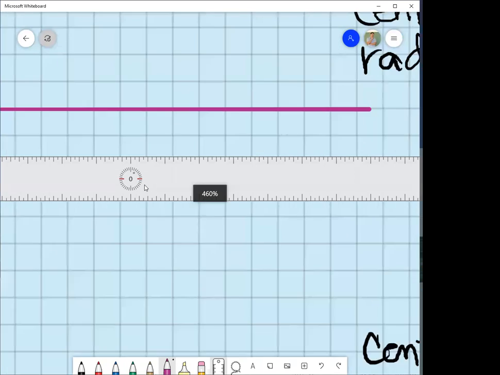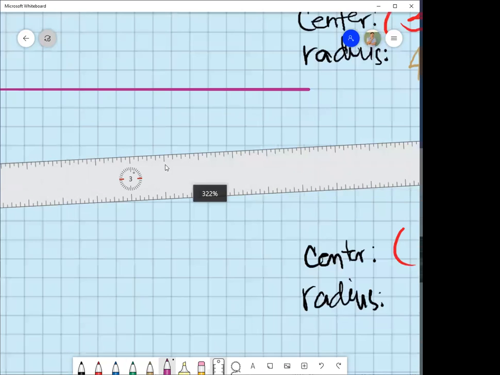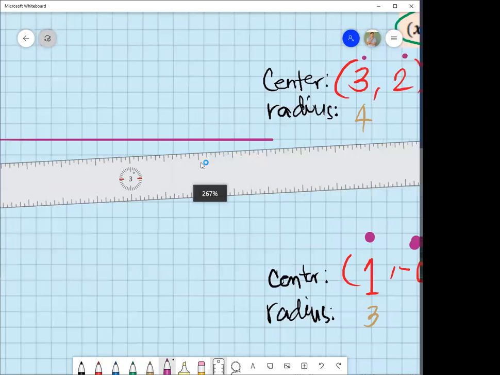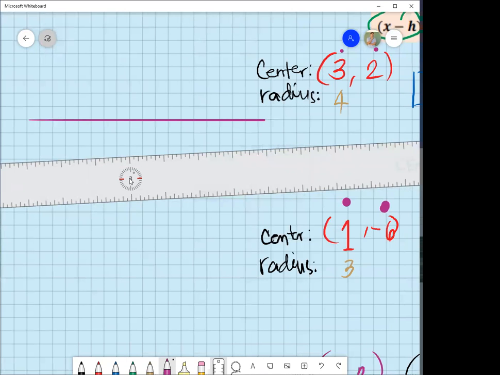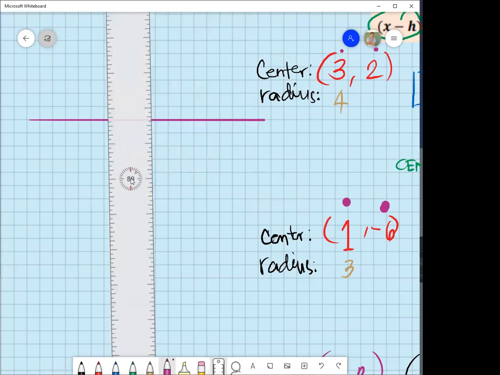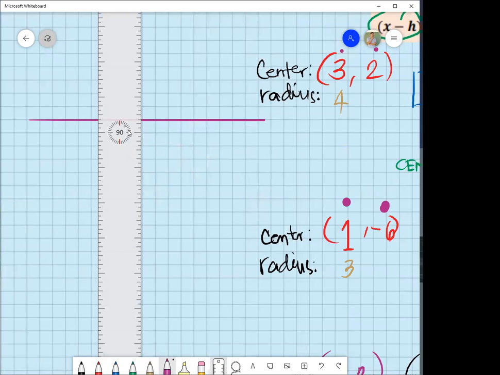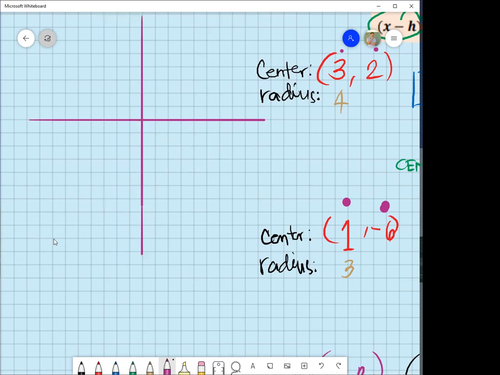And then this one, 90 degrees. All you have to do is first make your Cartesian plane. Now that we have our Cartesian plane, we can now go to the graphing.